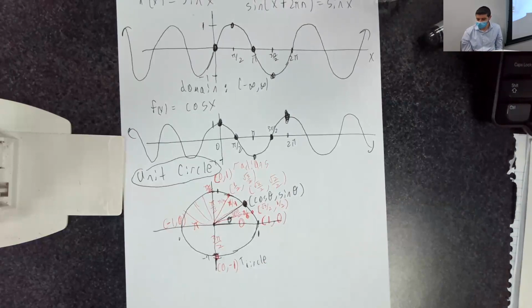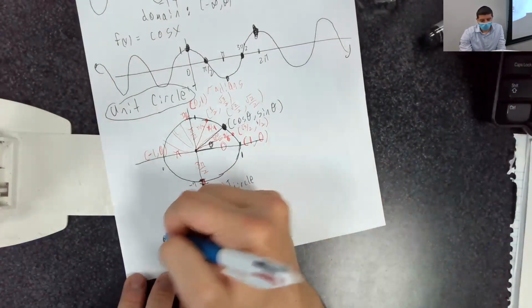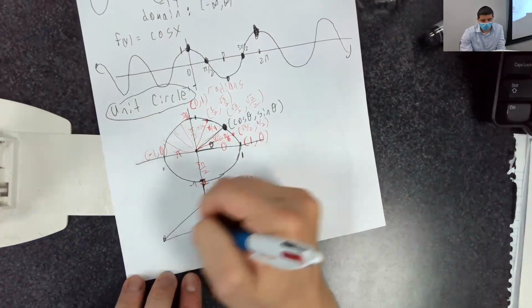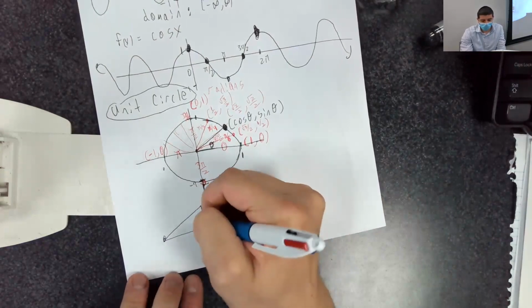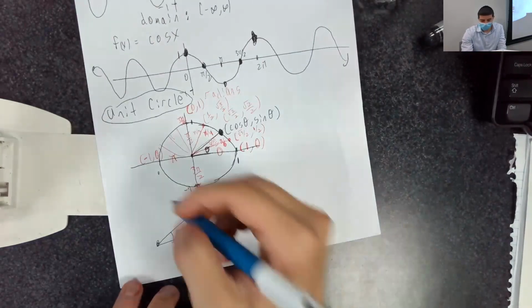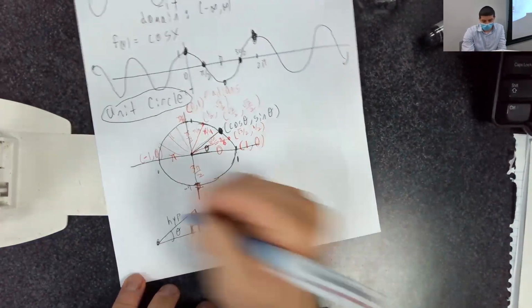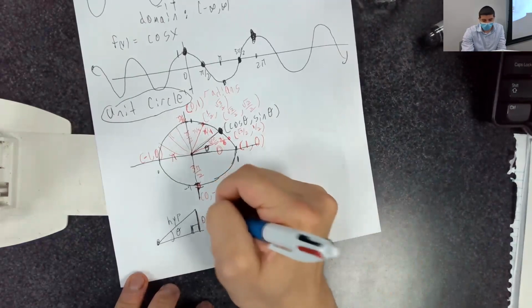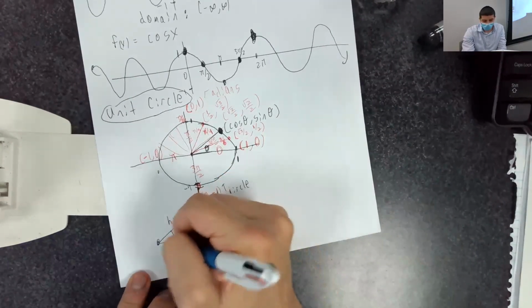Let's see, another way you could think of sine, cosine, and tangent is in terms of a triangle. Just to remind you, it's a right triangle. So there's an angle theta. You have the hypotenuse, the opposite side, and the adjacent side.